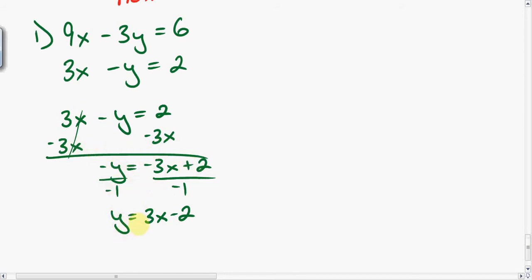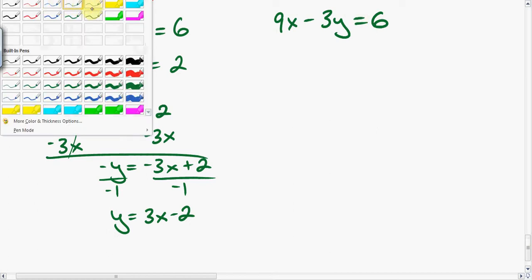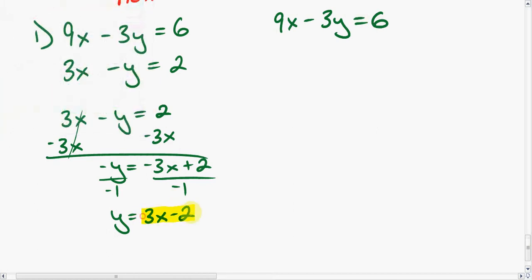So with substitution, you have to use the unused equation. So I'm going to use my unused equation of 9x minus 3y equals 6. And remember, y equals 3x minus 2. So I'm going to replace this y with 3x minus 2, because y and 3x minus 2 are exactly the same, so you can replace it once it's exactly the same.